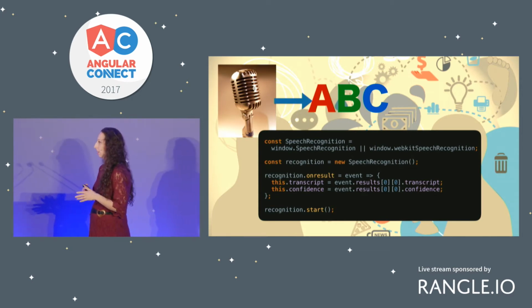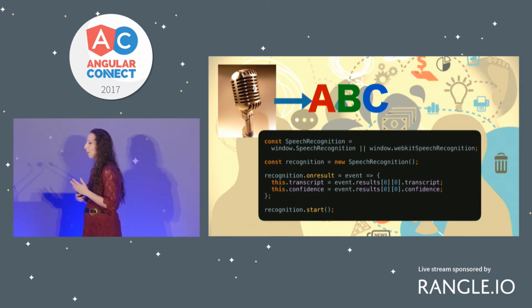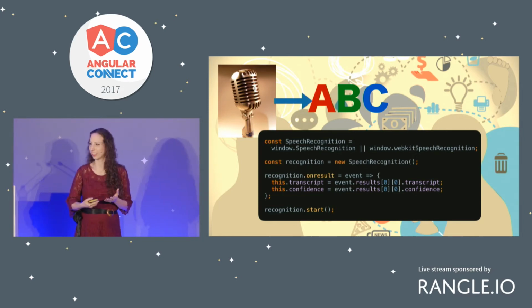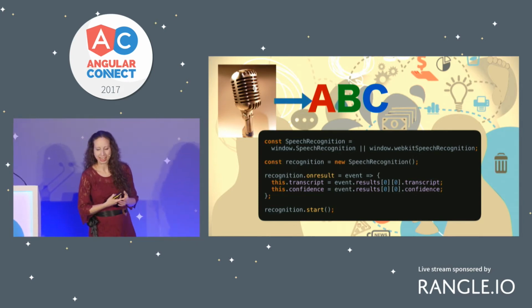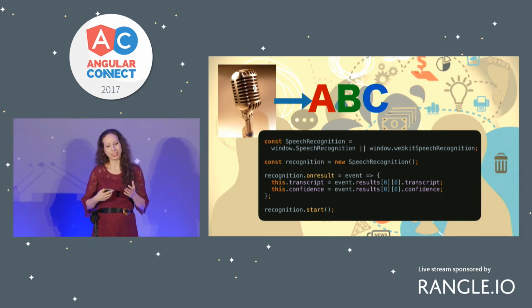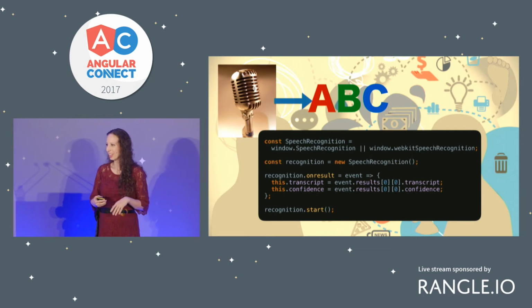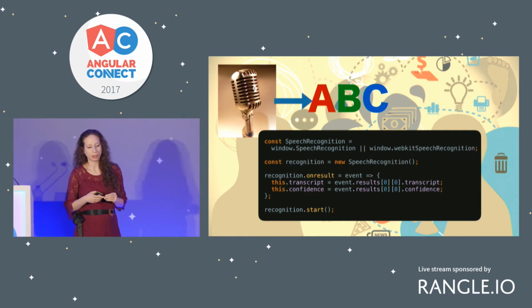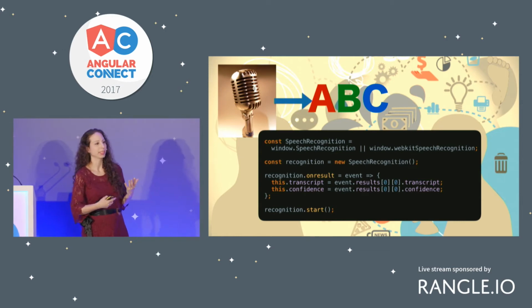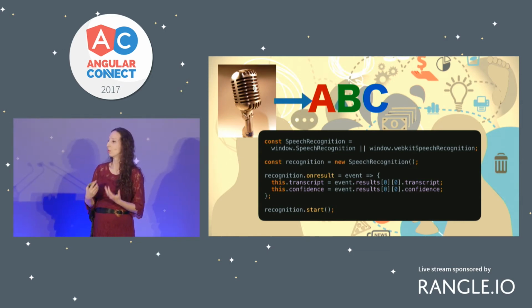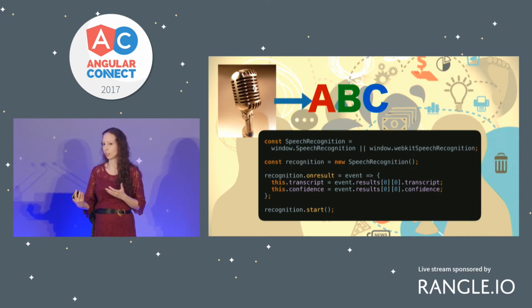Now, there are some things that were supposed to be in the API, but it's still an experimental technology, so it doesn't work perfectly. For example, in Chrome, there is supposed to be the ability to give the speech recognition a list of words, which will be the context of your speech.